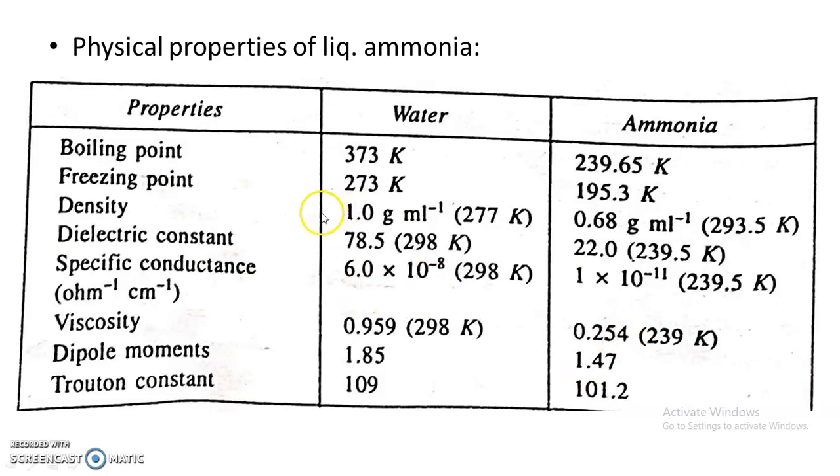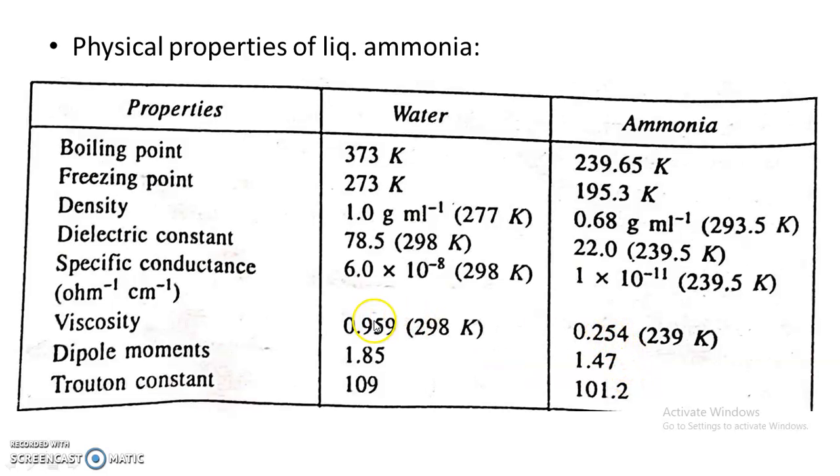These are some physical properties of liquid ammonia and water. The boiling point of ammonia is lower than water, the freezing point is also lower, and the density of ammonia is less than water. The dielectric constant of ammonia is less than water, and therefore the specific conductance of ammonia is less than water.